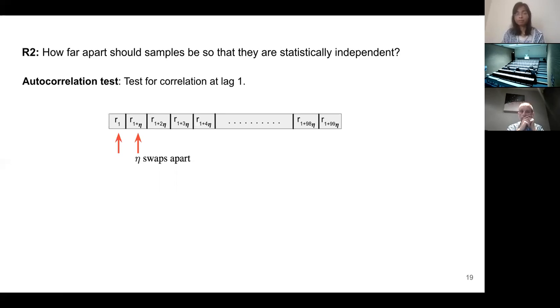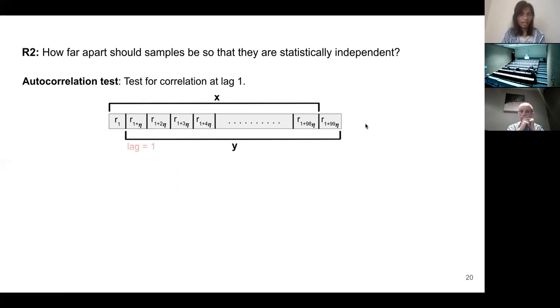Okay, so consecutive degree assortativities in this list are the degree assortativities of graphs that are eta swaps apart in the Markov chain. Once we have this list, we are going to calculate the correlation coefficient of this list X as shown here, and the list Y, which is just a lagged version of list X, right? So if we find a high correlation between X and Y, then that means every point in this list is highly correlated with the next point.